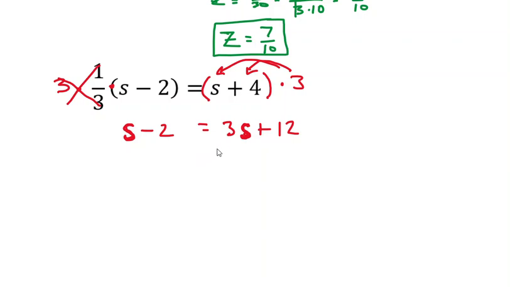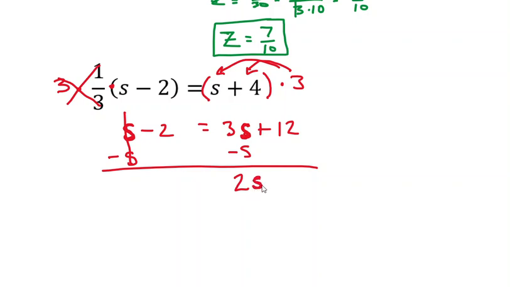The other rule that you might want to follow is to always subtract the smaller number from the bigger number. So following that rule, I would get rid of the single s instead of the 3s. I'm going to subtract s from both sides. s minus s is 0, and 3s minus 1s is 2s.